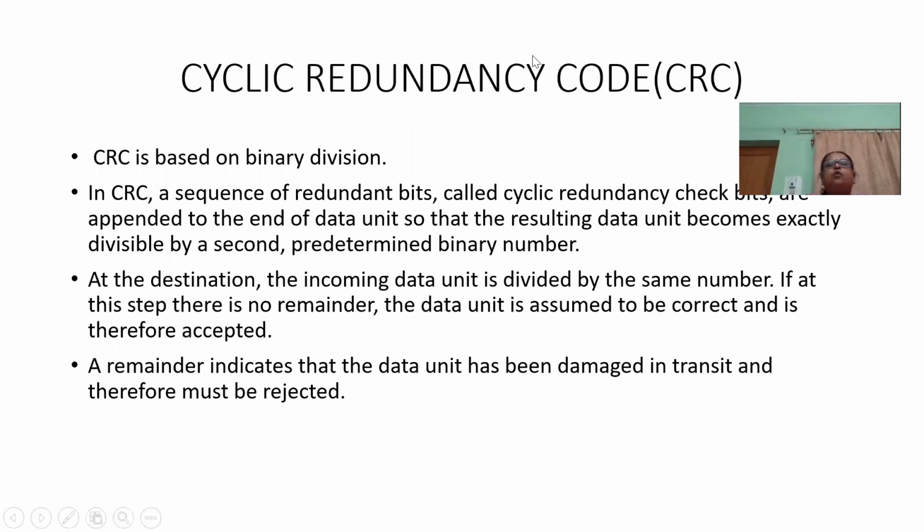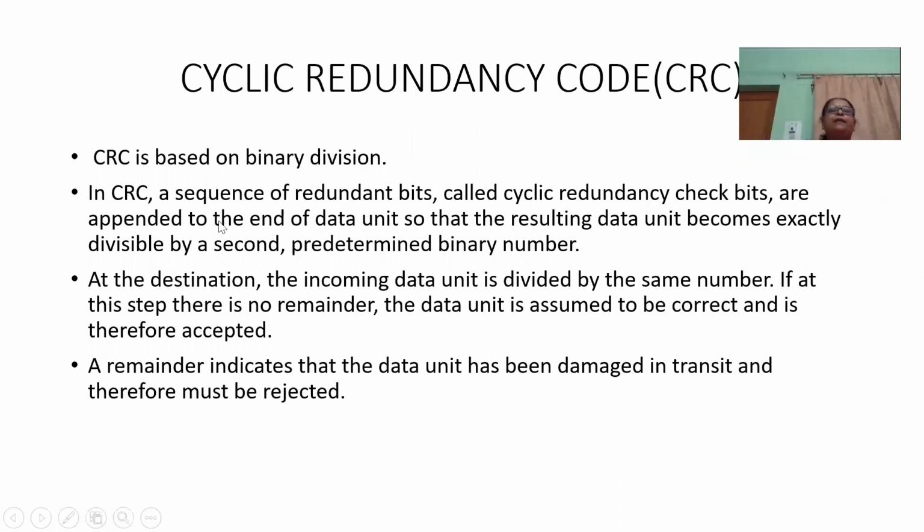Cyclic redundancy code is based on binary division. It is a sequence of redundant bits, called the cyclic redundancy check, appended to the end of data units. At the destination end, the incoming data unit is divided by the same number.